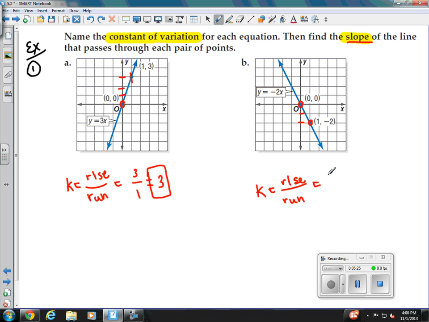And since I went down, it's a negative 2. Over, I have to run over 1. So negative 2 over 1. Negative 2 divided by 1 reduces to negative 2. And it's a negative number here, so let's make sure our line goes down to the right. It does, so our slope's negative. So our constant variation and our slope for B is negative 2.